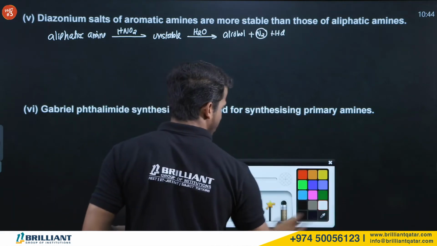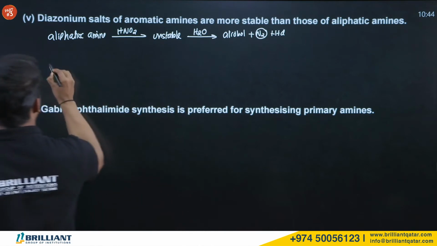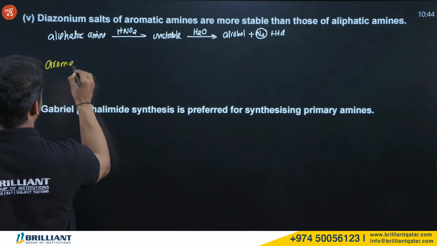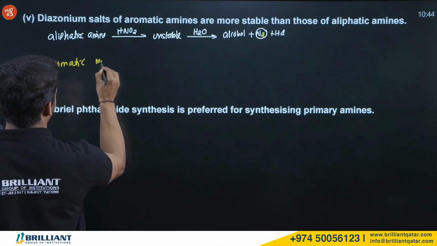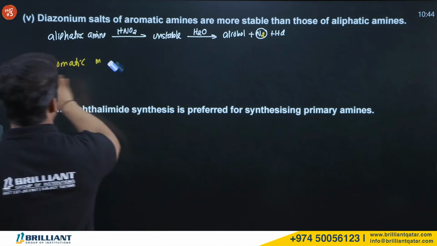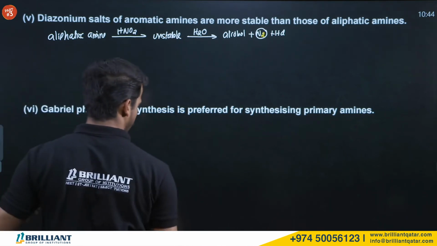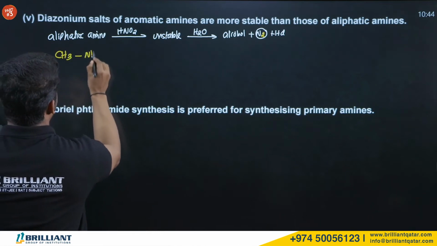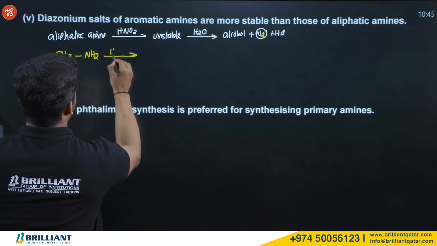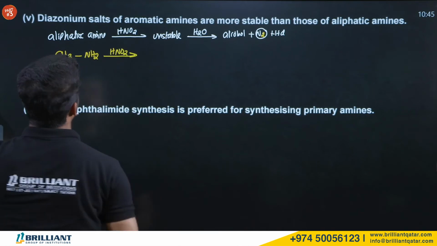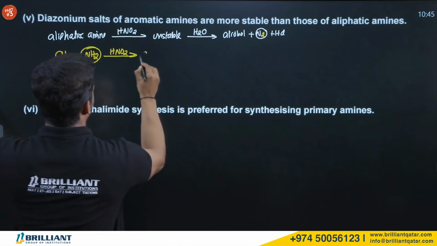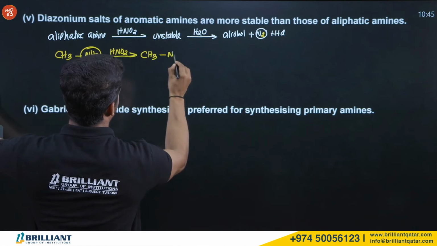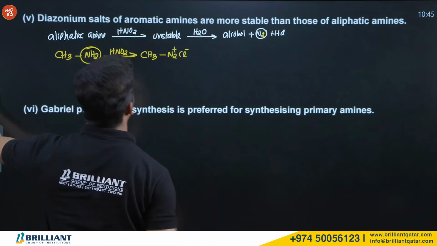The same thing we discussed, what happens if an aromatic amine is treated. I think it is better to explain with one of the compounds. Aliphatic amine, for example, let me take CH3NH2. When it is treated with HNO2, nitrous acid, the NH2 group is converted to the diazonium salt, CH3N2 plus and Cl minus.